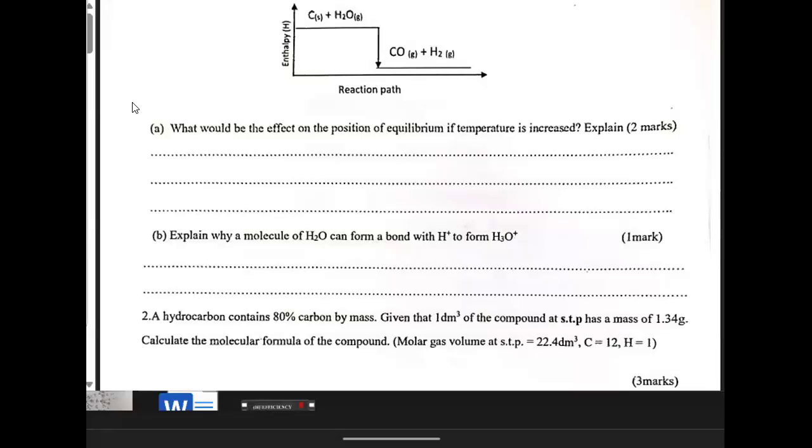The word proton is a charged particle. The H2O now gains the hydrogen ion, which is referred to as a proton. So what will be formed is H2O plus hydrogen ion, and the whole of it will be H3O with a positive charge. So hydroxonium, also called hydronium, is formed when water gains the hydrogen ion, which is also a proton.